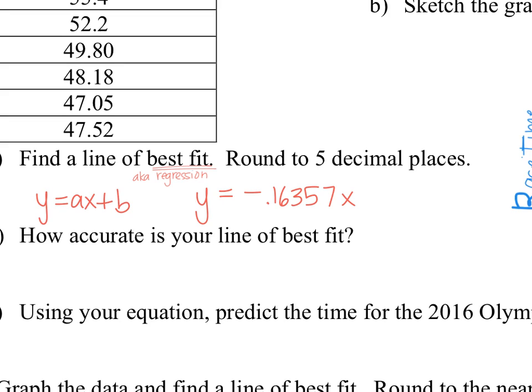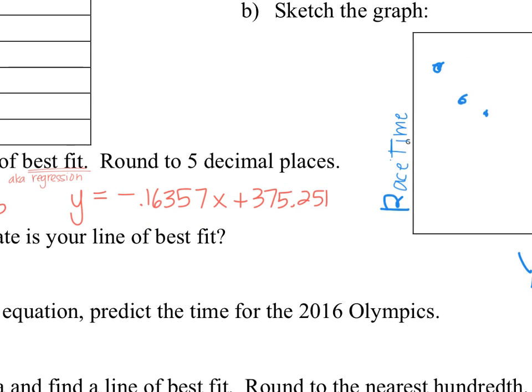Okay, that's 5 decimal places. Plus the b value, which is 3.75, 5 decimal places, 2, 5, 1, 8, 2, 3.75182.